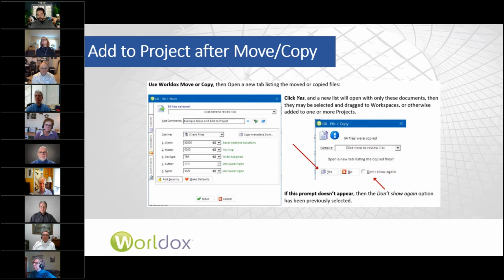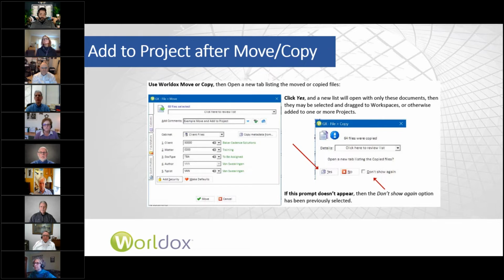When you get that and open the list, you can select the documents and drag them into your workspaces, into your project where you want them to be, or otherwise add them through the tab at the bottom. Now, it may be that you don't have the option after a file move or copy to open them in a new tab. If that's the case, you may have selected the Don't Show Again checkbox on the dialog.